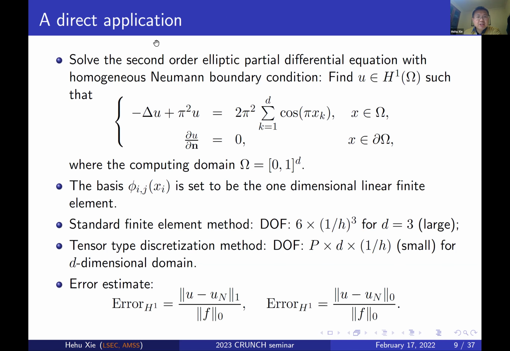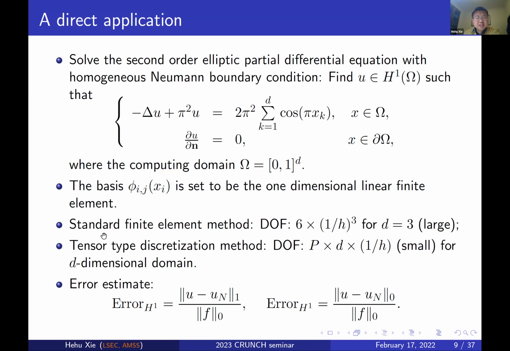For example, we can consider a second order elliptic PDE, and when d is, for example, larger than 3, we call this a high dimensional equation. Then phi_ij is the one-dimensional linear finite element basis. Let us consider the degrees of freedom.